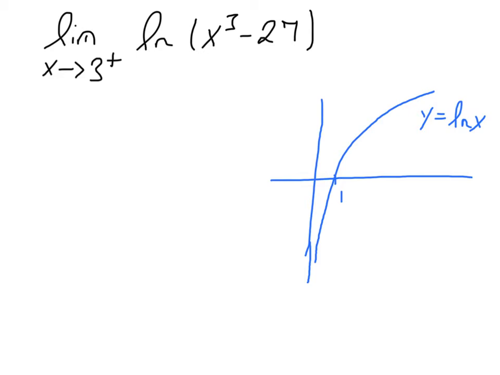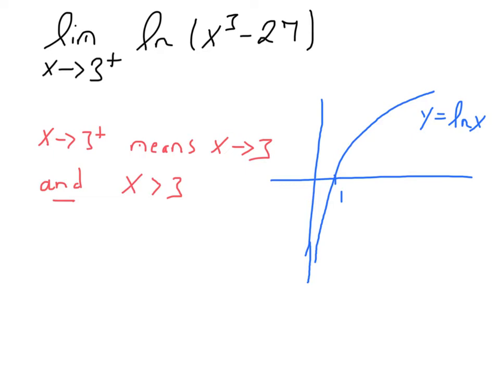Well, remember, x tends to 3 from the right means, of course, that x is approaching 3, and also, for all x's we're concerned with, x is bigger than 3. So if x is bigger than 3, you might ask, how does x cubed compare with 27?